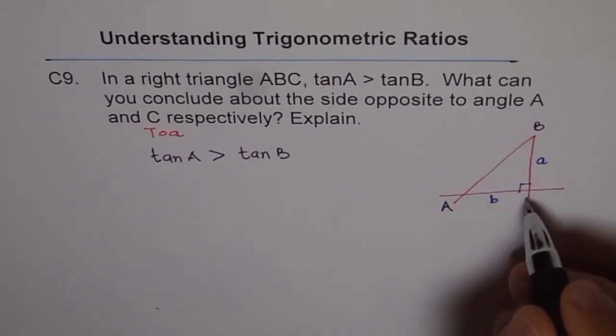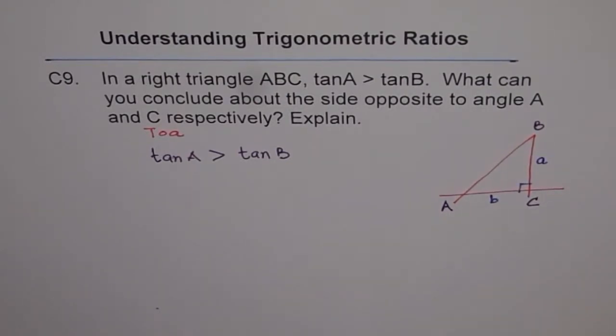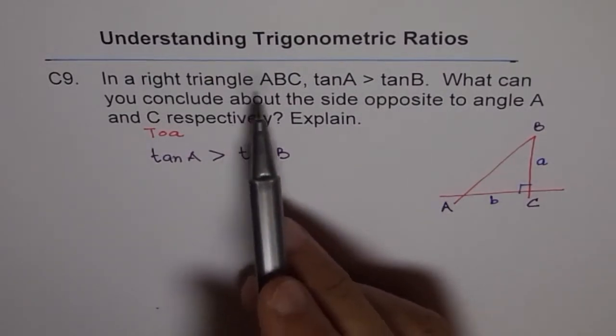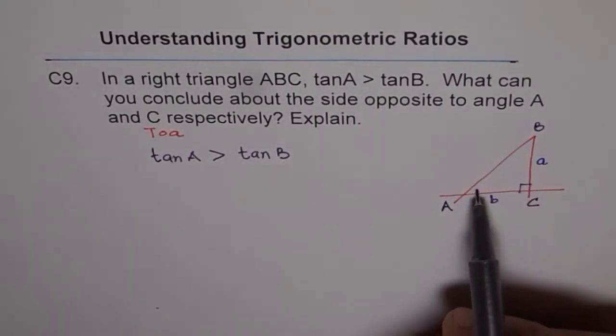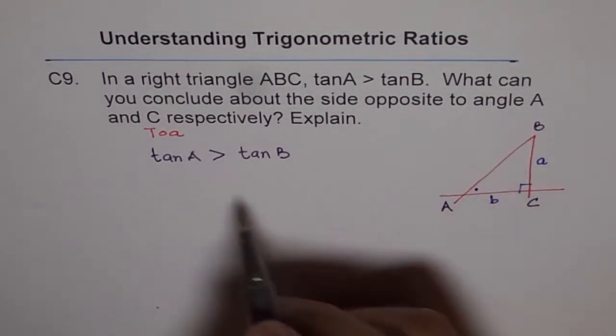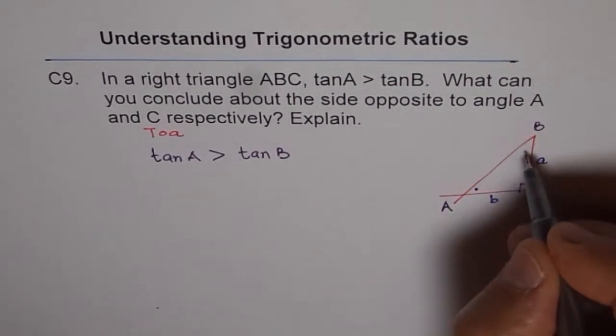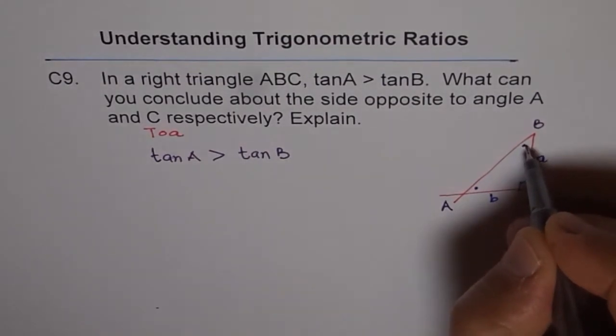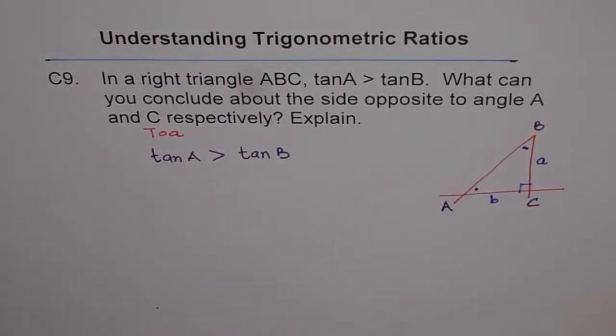A, B, and this side becomes C. So that's how we have our triangle. So when we say tan A, we mean tan of this angle, and when we say tan B, then we are referring to that angle, correct? Those are two different angles in this triangle.